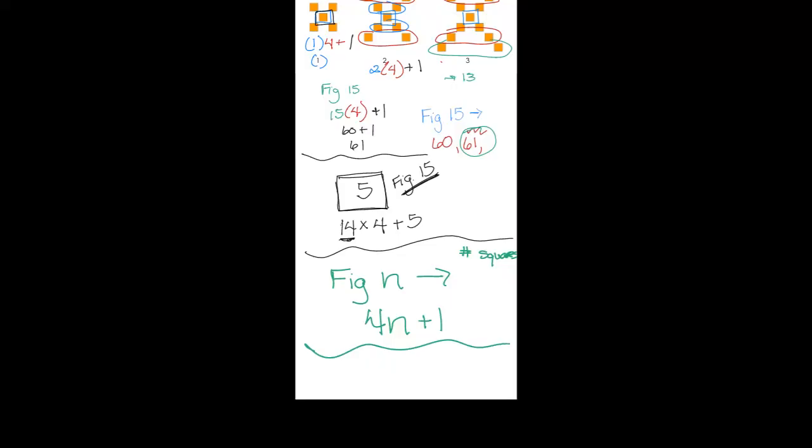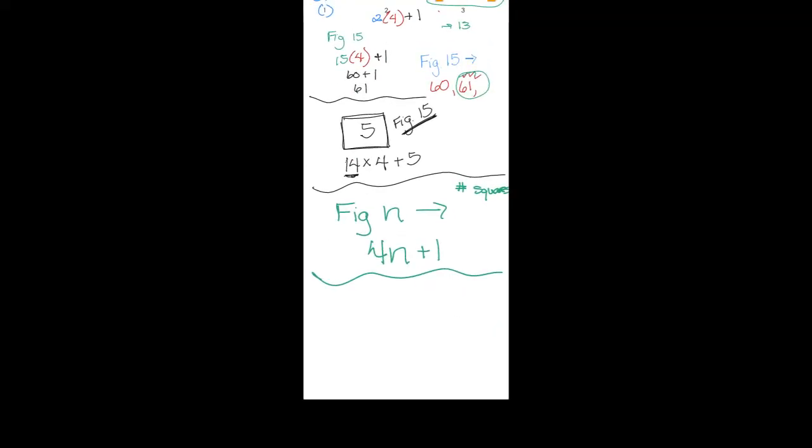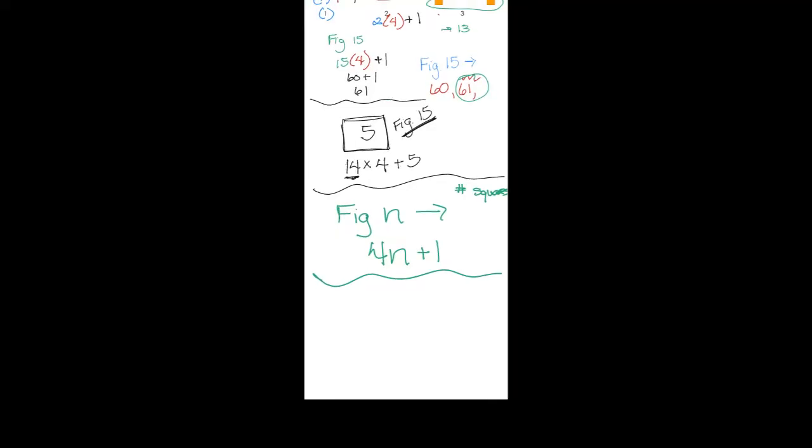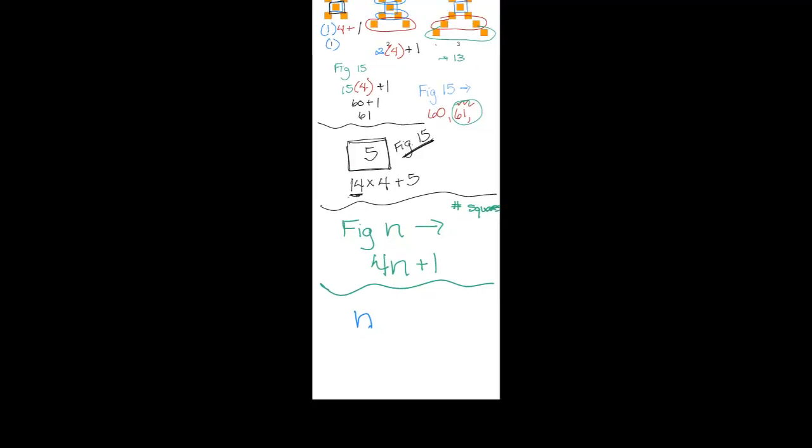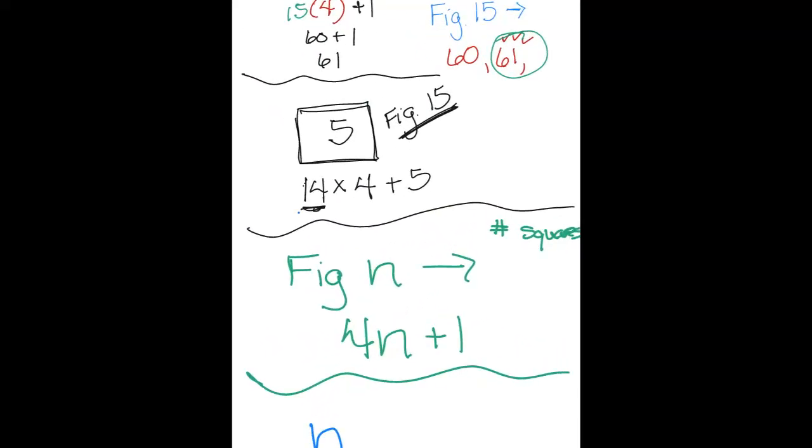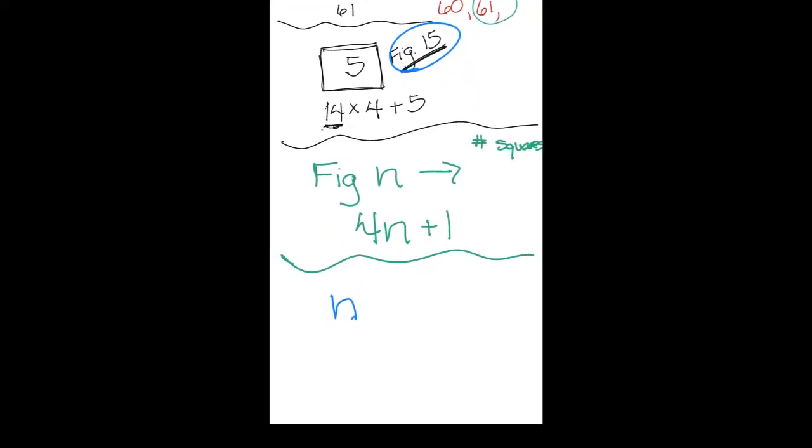And for Tori and I, we said, watch this. It'll be a little different initially. You said 14 times 4 plus 5 for figure 15, right? So if I want figure n, what would that be for us?